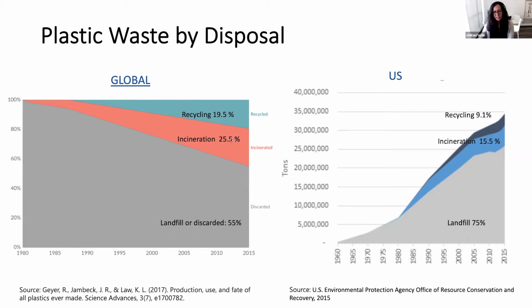Some of it is going to be incinerated, and only a small fraction is going to be recycled. I have these two graphs comparing the global situation and the US situation. In the US, even though it seems that we have a large household collection and recycling system, it is still a very small amount that is actually recycled.